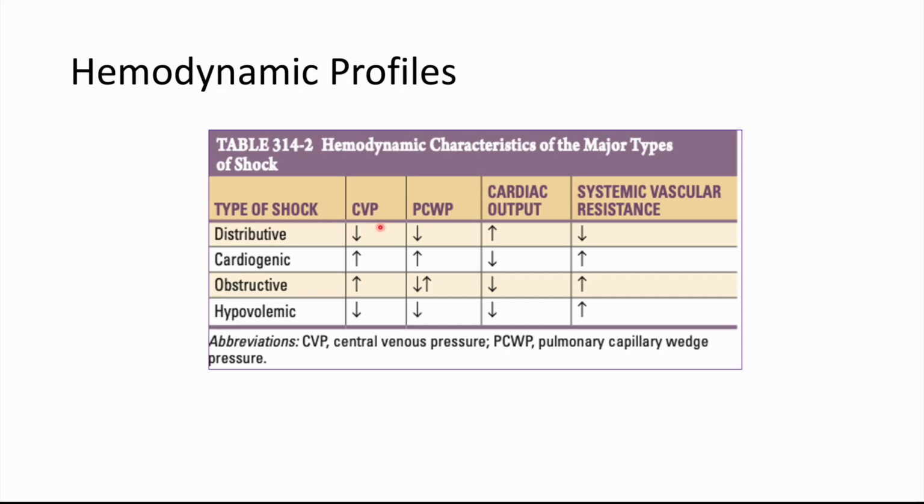While the cardiogenic shock shows increased systemic vascular resistance, increased pulmonary capillary wedge pressure, increased central venous pressure, but decreased cardiac output. So each shock has a different characteristic hemodynamic signature. If you're good at this, you can find what shock is going on with the patient.